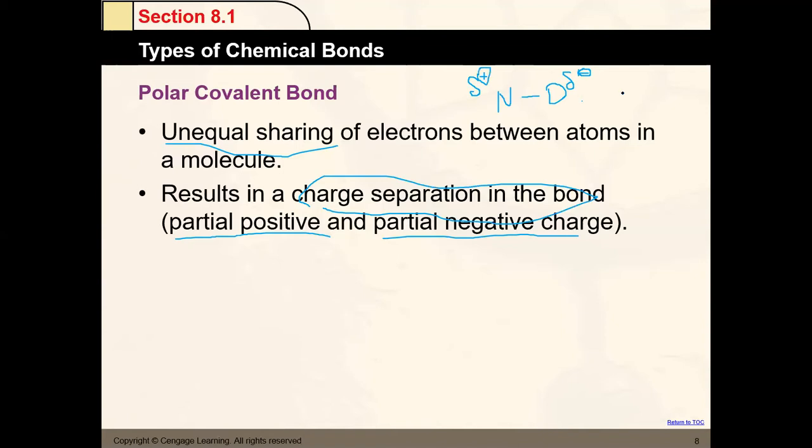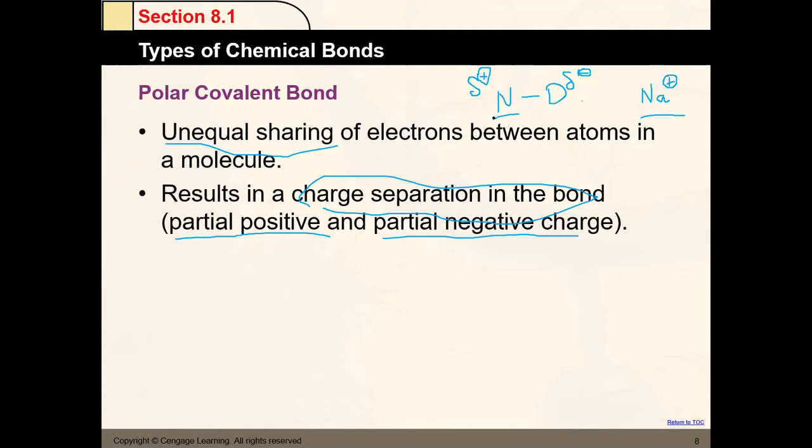That delta minus, delta plus is totally different from saying sodium plus. So don't confuse sodium plus with sodium delta plus. This Na plus is an ion. This is not, this is a polarized atom. A polarized atom is not the same as an ion. The ion, in this case sodium, is a cation, has a formal charge of +1.